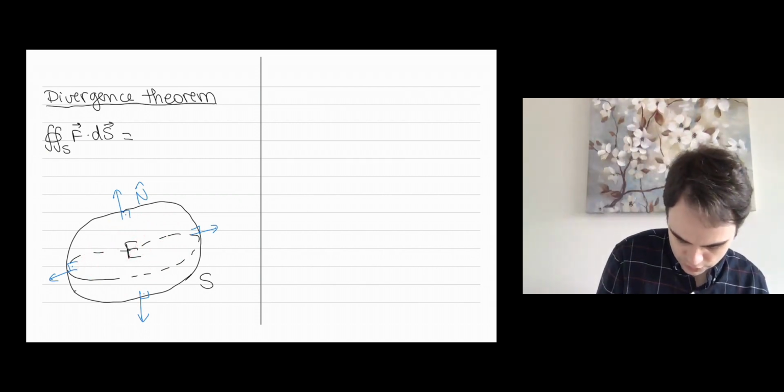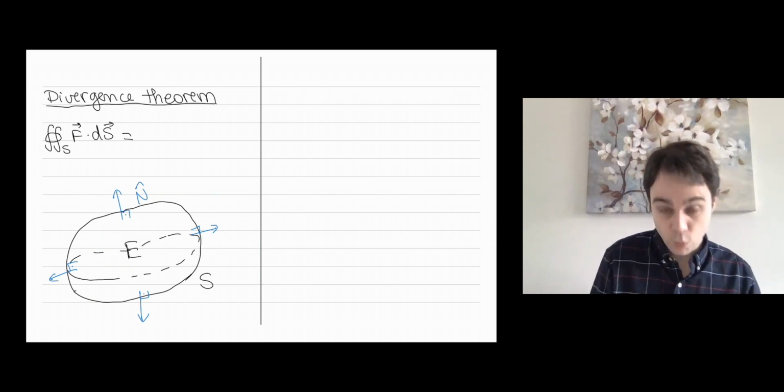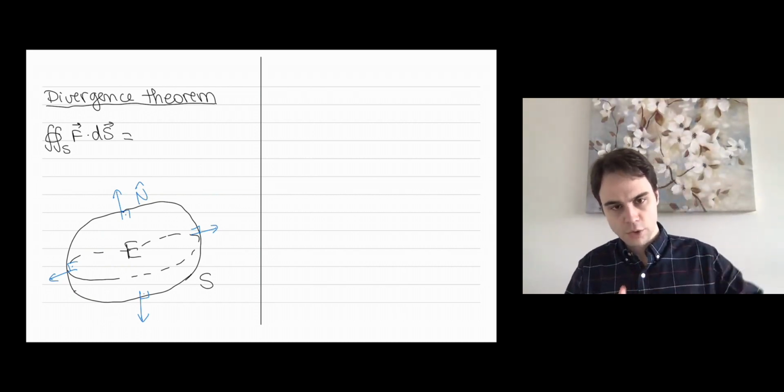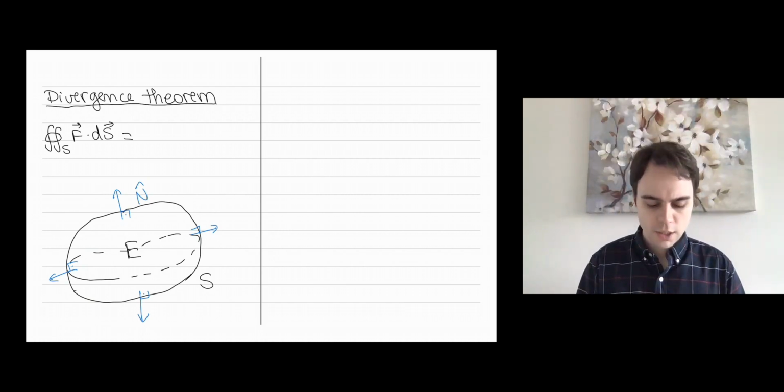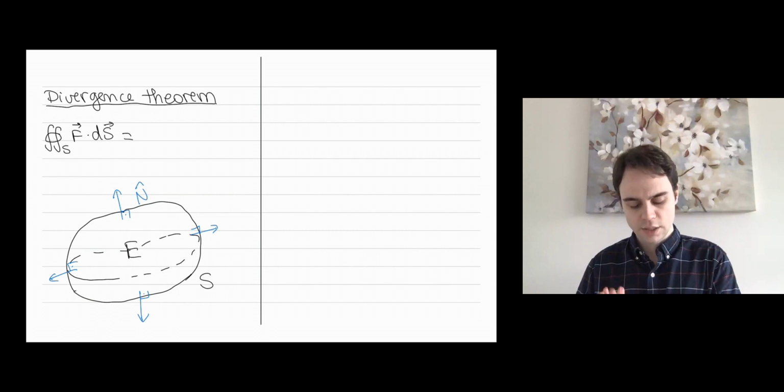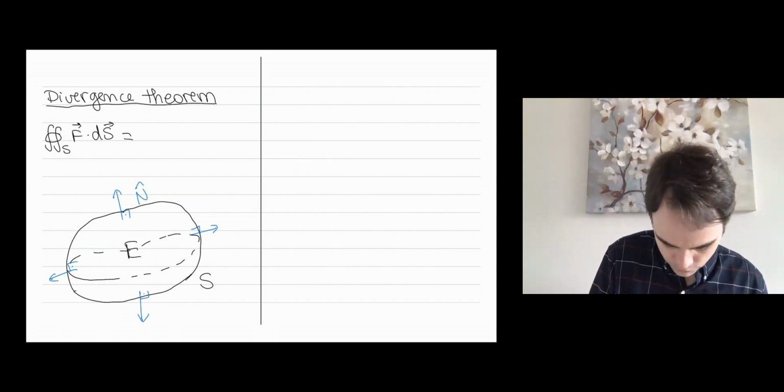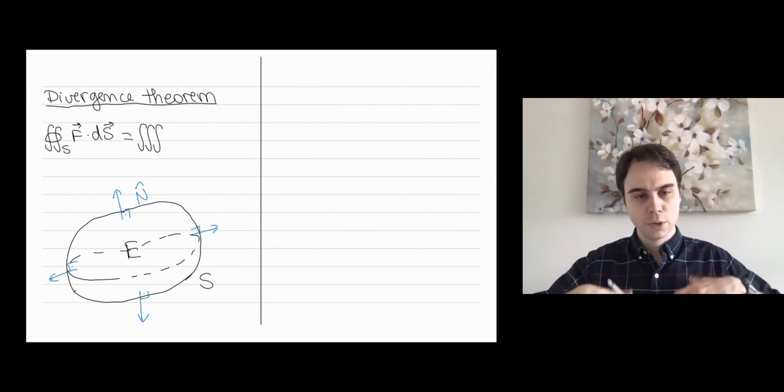So the theorem tells us that whatever comes in also comes out happens when the vector field has divergence 0, but not in general.